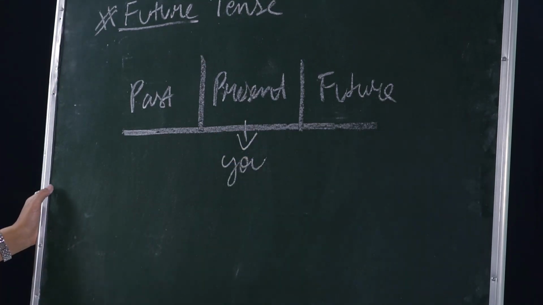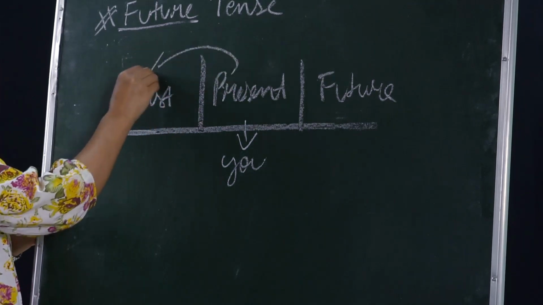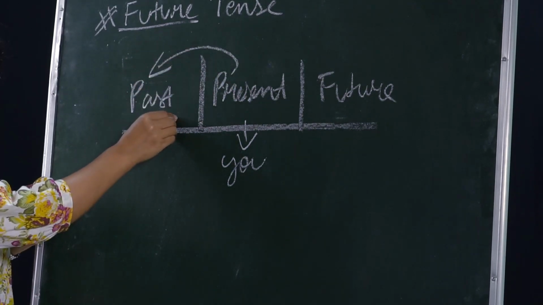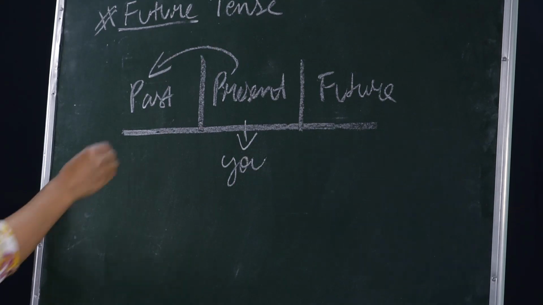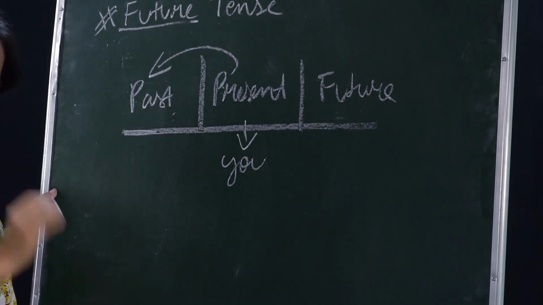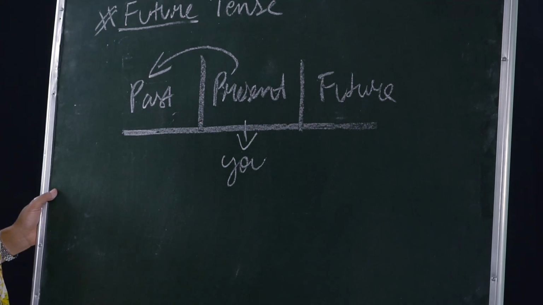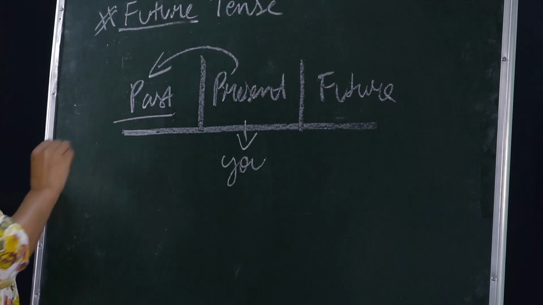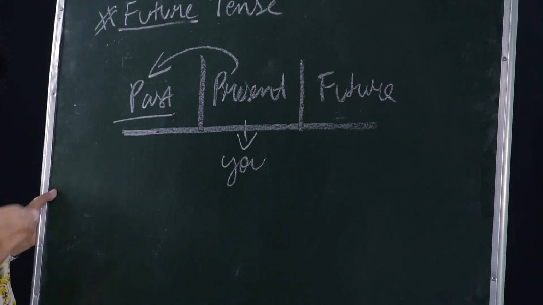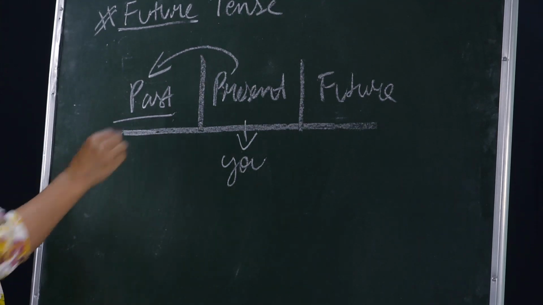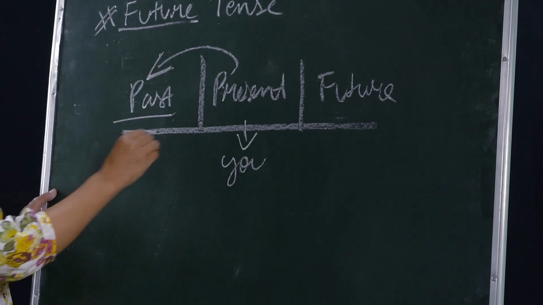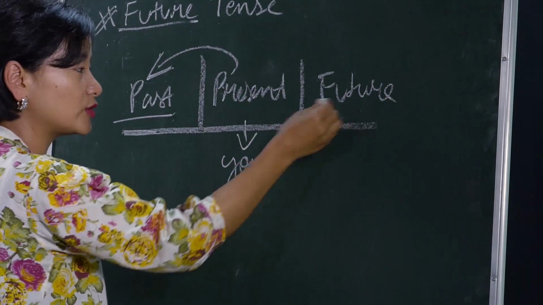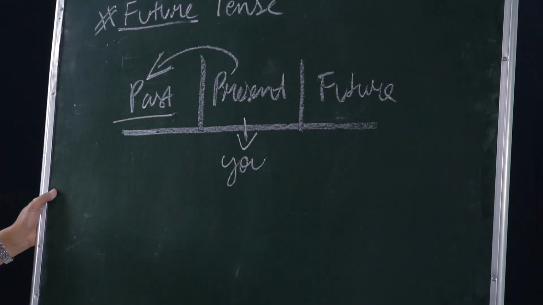And when you are referring to an action that happened in the past, you use past tense. When you refer to an action that was perfected in the past, you use past perfect. When you refer to an action that was happening in the past, past continuous, and so on. The same thing applies with present and future. Present here is at the moment of speaking.